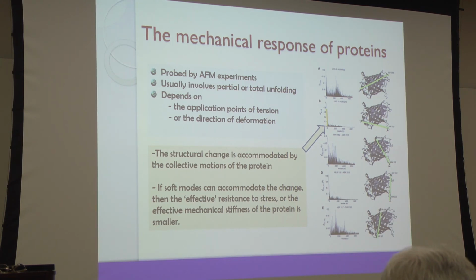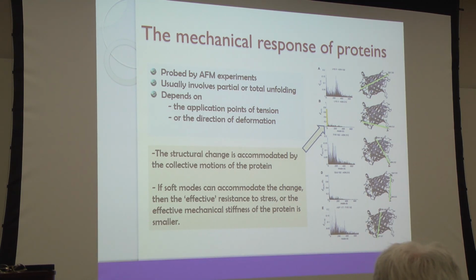Yeah, this is one way of characterizing the mechanics of the protein. This is a well-established method, AFM, atomic force microscopy. Usually in most simulations, people examine what is the unfolding mechanism, for example. They would see, for example, one of the helices or beta strands will unravel first, and then there will be successive events.